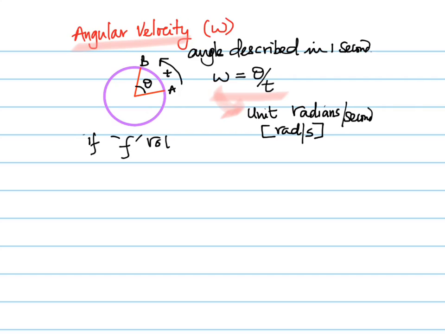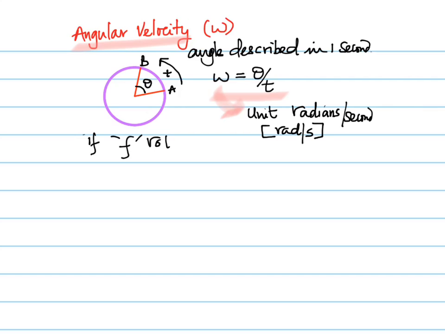If something makes 2 rotations in a second, what is the angle covered? Isn't it 4 pi? Because in each rotation, the angle covered is 2 pi. So if there are 2 rotations in a second, the total angle covered in 1 second is 4 pi. Isn't that the angular velocity? Yes, it is. What if it makes 4 rotations in 1 second?